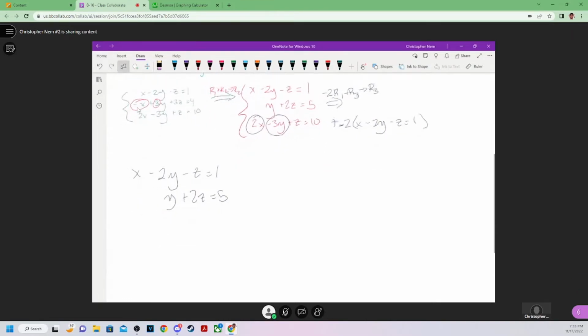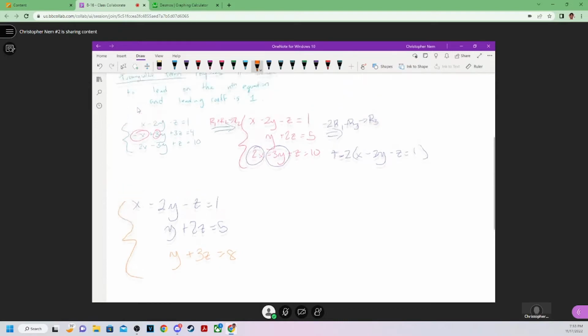I do not mind. If I add them together, the x's are deleted because it's negative 2x plus 2x. They're gone. And then negative 3y plus 4y is just positive y. And then z plus positive 2z is 3z. And then 10 plus negative 2 is 8. That's after I perform this operation right here.